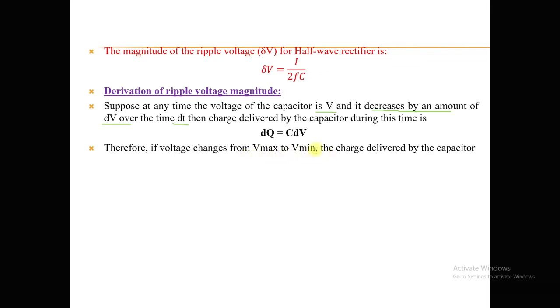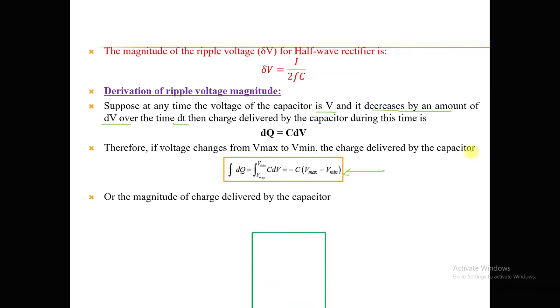So the charge delivered by this capacitor is represented by the integral form: integrating dq from Vmax to Vmin, because it supplies the energy to the load from Vmax to Vmin. Integrating C dV from Vmax to Vmin brings this equation: minus C times (Vmax minus Vmin).